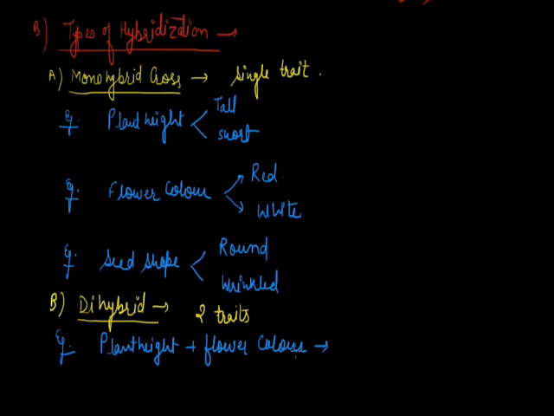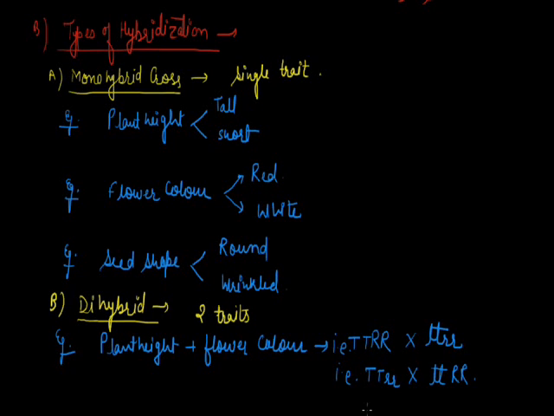That means I am going to study two traits simultaneously. In this one, tall and red is crossed with short and white, or you can take tall with white or short with red.